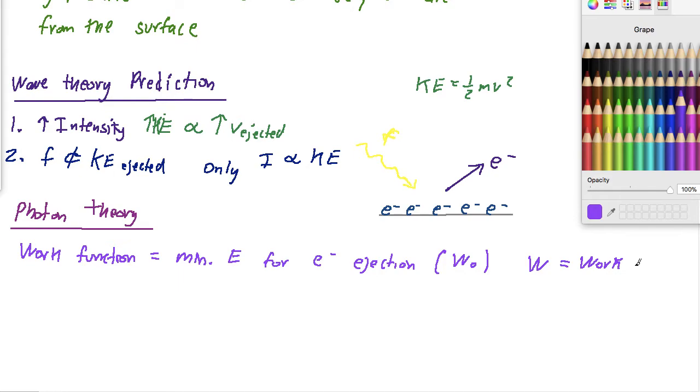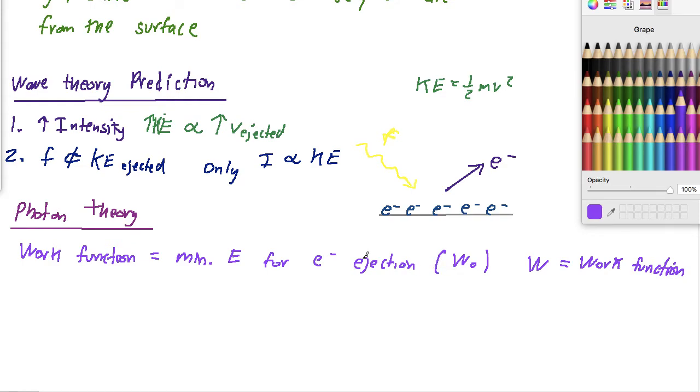However, this is not the minimum. And it gets a little bit more complicated than this. But the summary is, all you need to know is that W initial, or W without the little naught, means the work function. So the photon theory says that there's a work function, or an energy, that has to be met in order for the electron to be ejected.